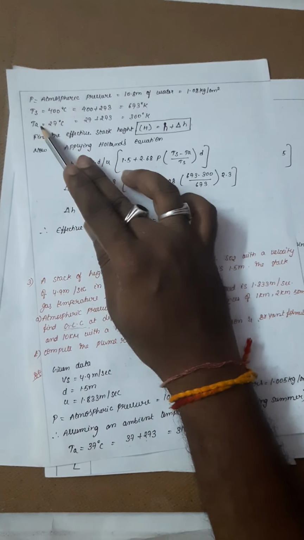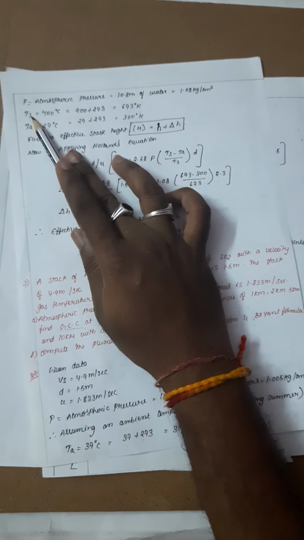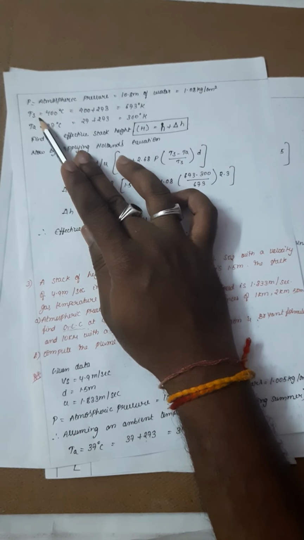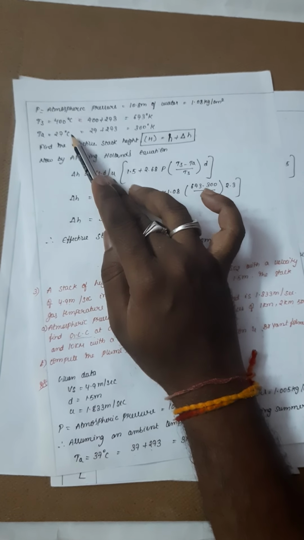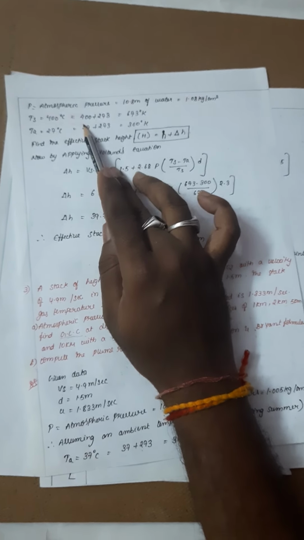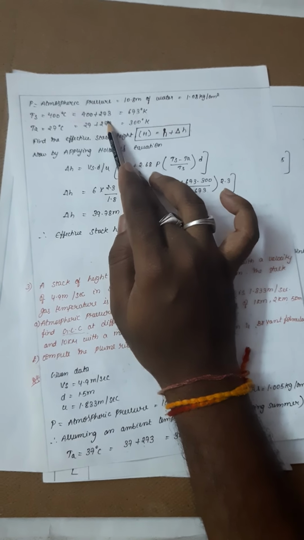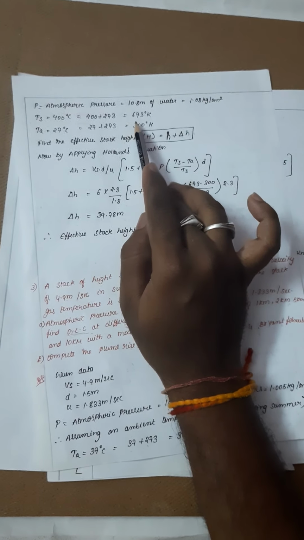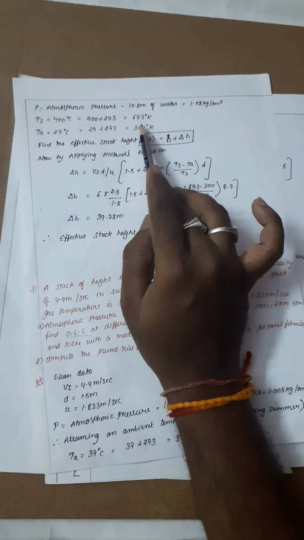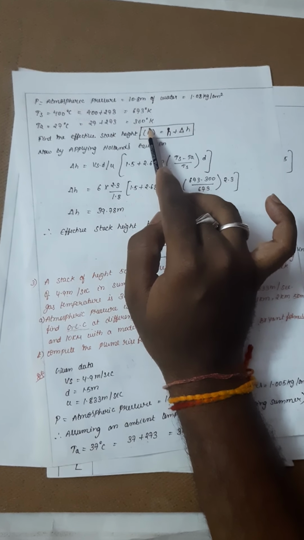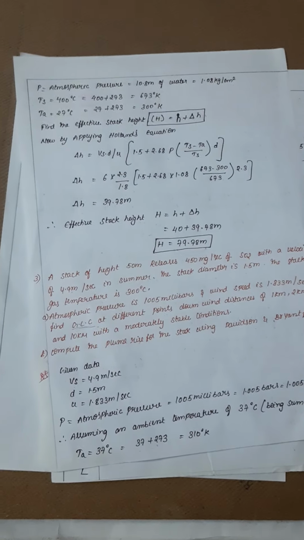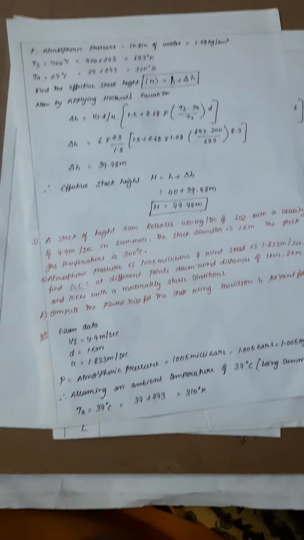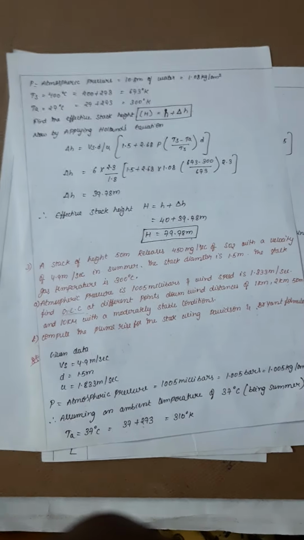Ts is the absolute temperature of the gas, Ta is the absolute temperature of the emanant air, that is the polluted air, converted into kelvins by adding 273. So Ta becomes 300 kelvins.